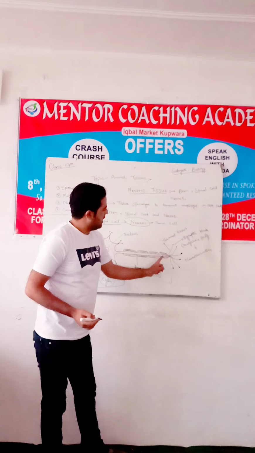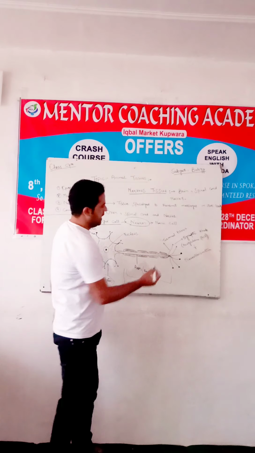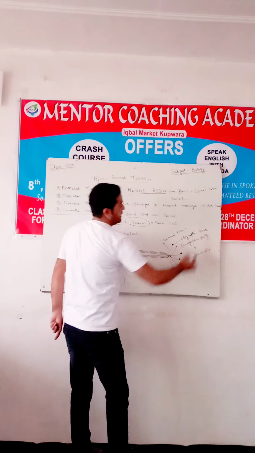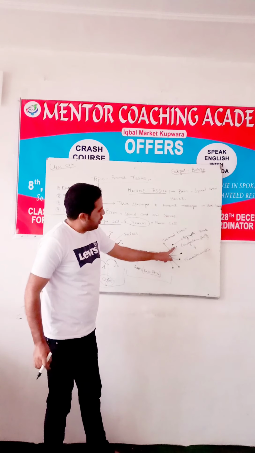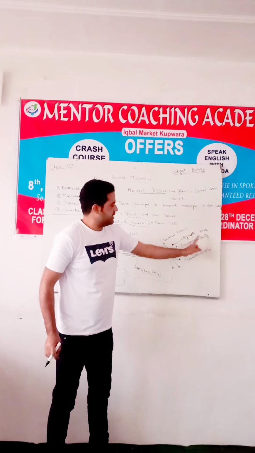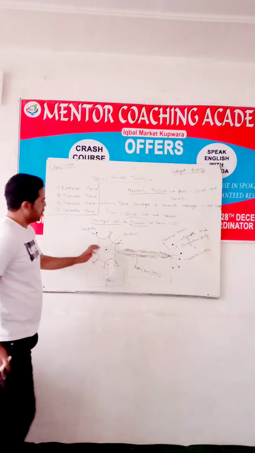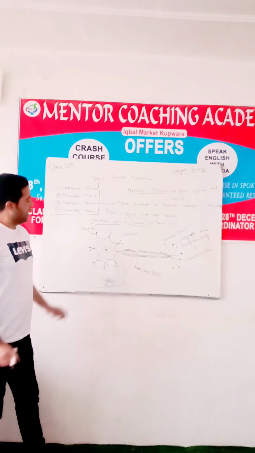These are called the terminal branch. And these dot-like structures are called synaptic knobs. These synaptic knobs contain acetylcholine, ACh, which is the neurotransmitter. So, this is the structure of a particular neuron.